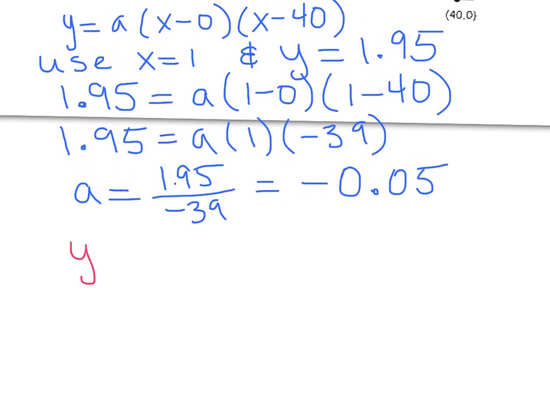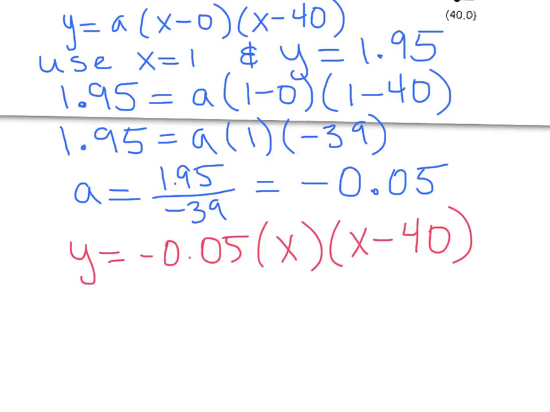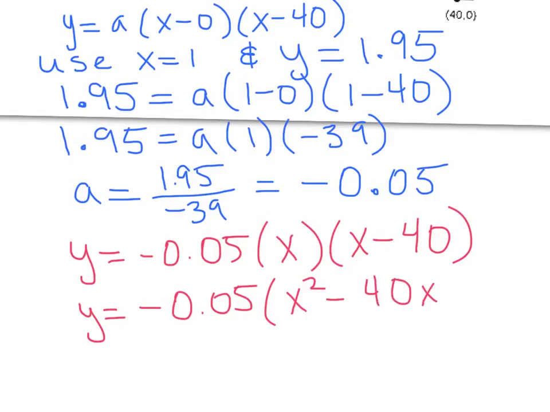So we've got y equals negative 0.05 x, I'm just going to leave that 0 off, and then x minus 40. And we've got y equals minus 0.05. Multiply your x through, so you've got x squared minus 40x. And then multiply that negative 0.05 through as well to get your answer.